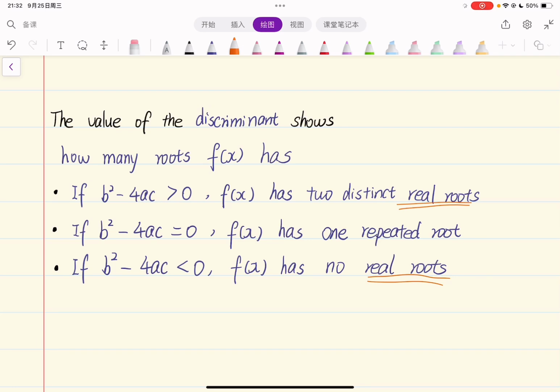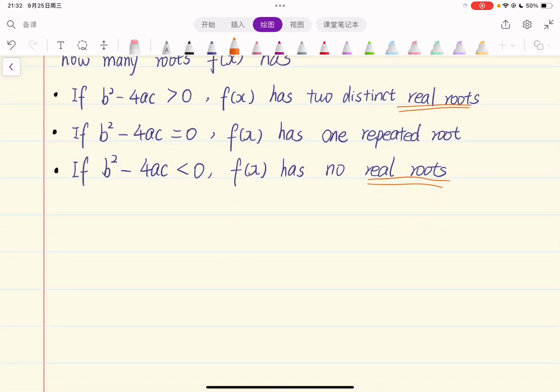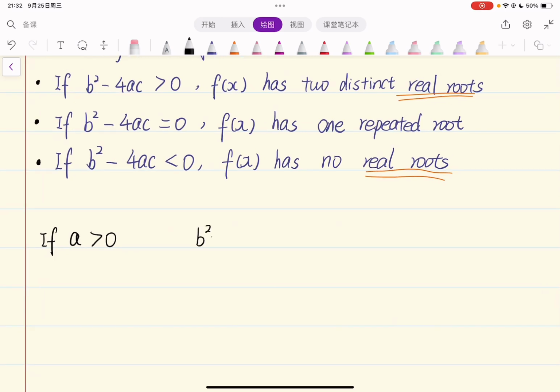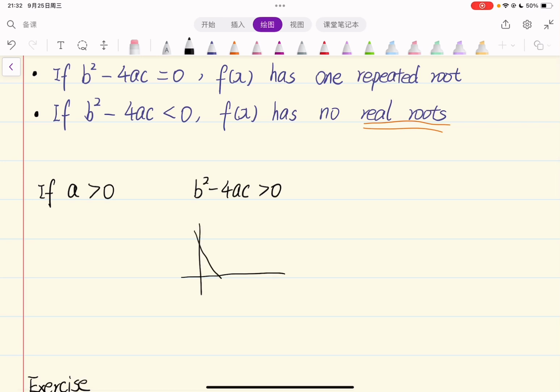Well, when you see a function, you always think about the graph. So what will the graph look like if f(x) has two distinct real roots, or one repeated root, or no real roots? Let's see some graphs. First, let's see if a is greater than 0, which means we have an upward U, a smiley face. When b squared minus 4ac is greater than 0, so two distinct real roots, the graph looks like that.